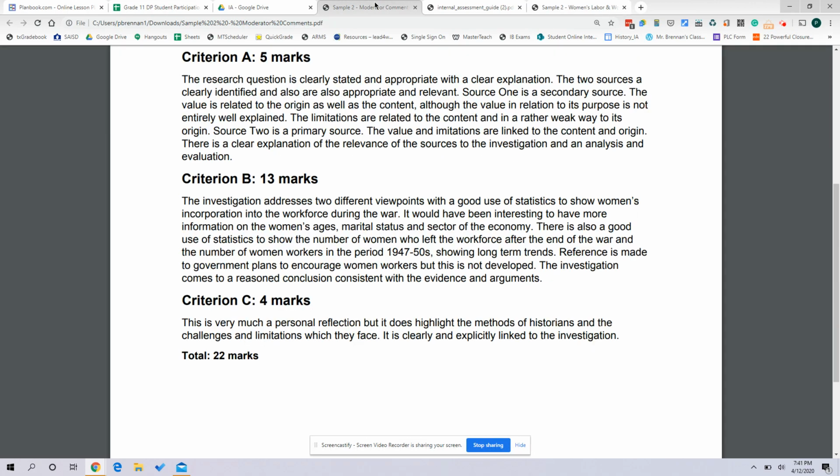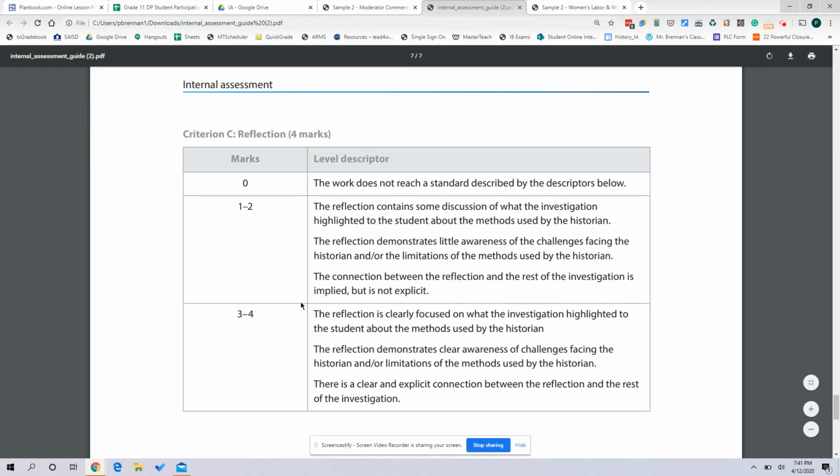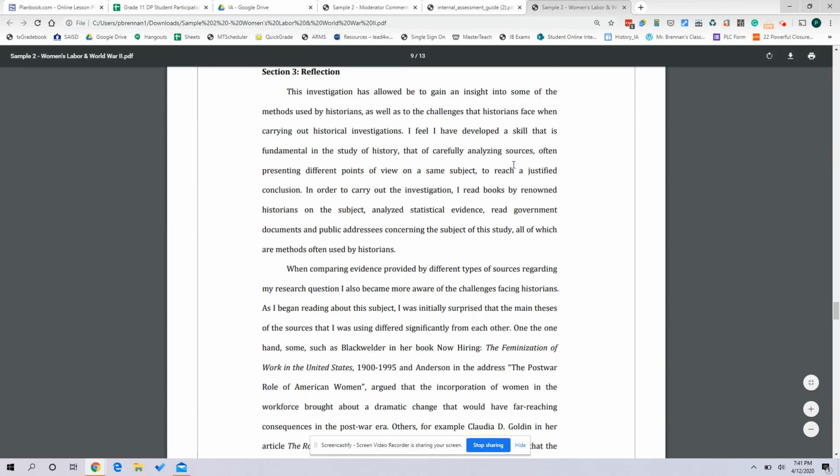And again, we're going to constantly go back to our rubric and consider how this person is hitting these things. So, this investigation has allowed, there's a typo here, should be me, to gain an insight into some of the methods used by historians, as well as to the challenges that historians face when carrying out historical investigations.